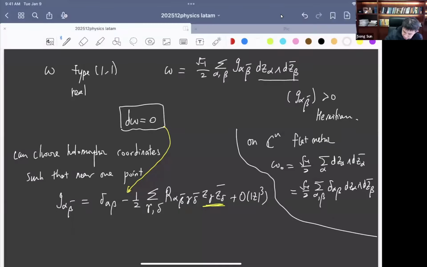The volume density is related to the determinant of g alpha beta bar. In the real coordinates, it's the square root of the determinant, but that matrix is exactly the determinant of this complex matrix. And then this is a simple algebra.